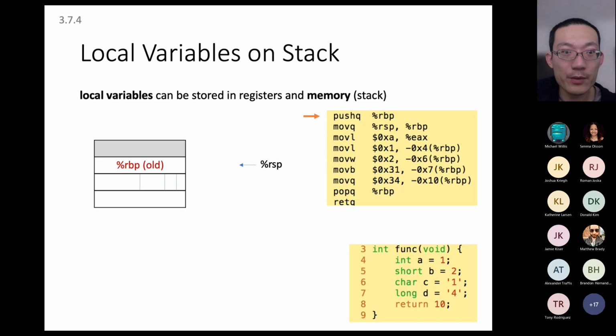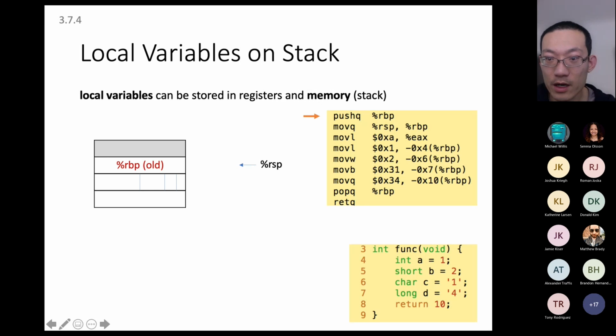The first step is to push the RBP on the stack, that is to preserve the RBP of the caller. We don't want to destroy the value inside of it. When we return, we want to restore the RBP, which happens here.